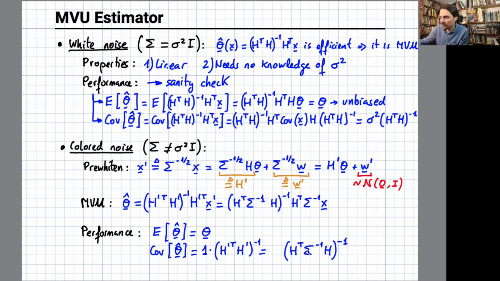So this inverse would be 1 over sigma square I, and that 1 over sigma square, since this inverse is here, will come out as sigma square, as here. And similarly, here we will see that the 1 over sigma square will cancel with the 1 over sigma square here.